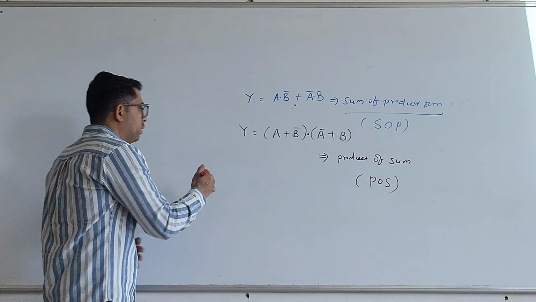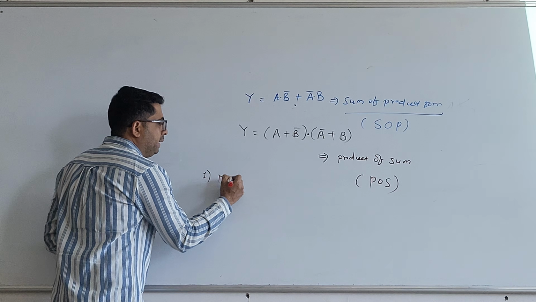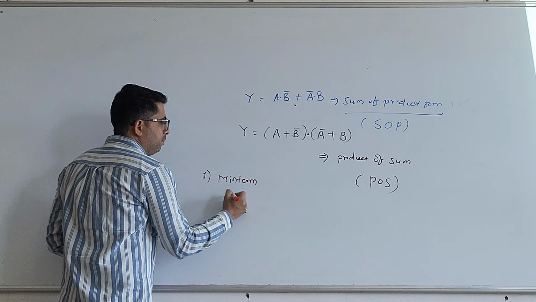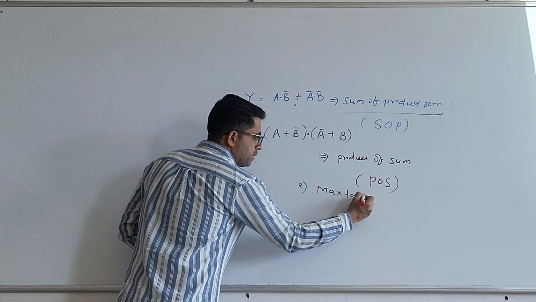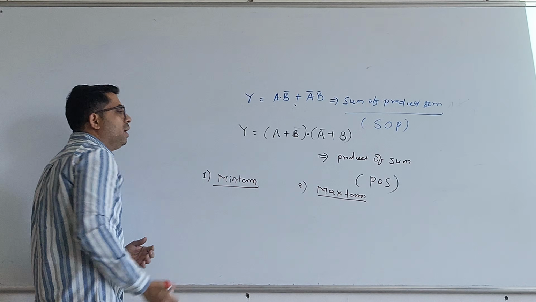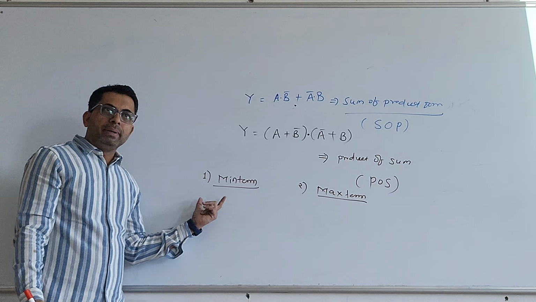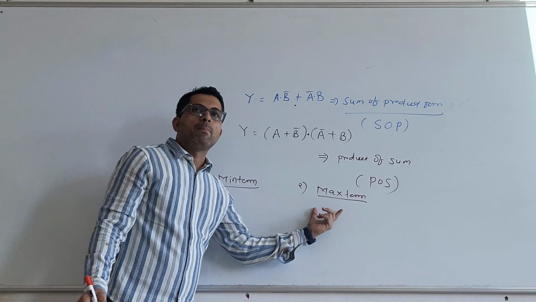For representing any sum of product form equation and product of sum form equation, there are two important things: the min term and the max term. Now how to represent the min term and the max term.